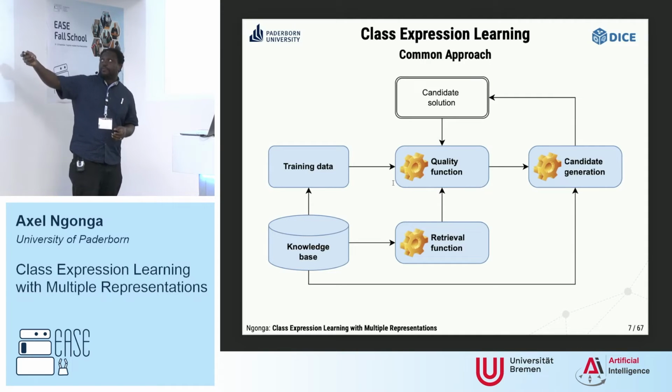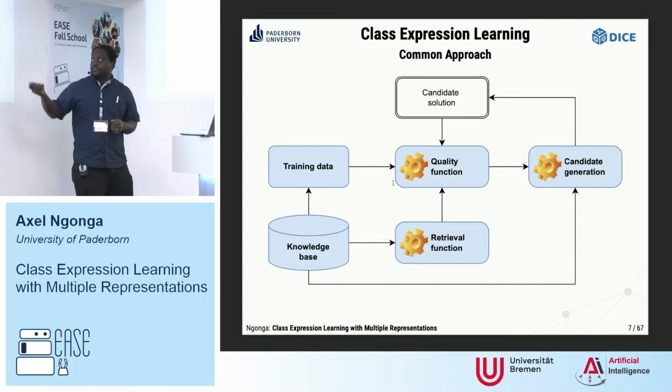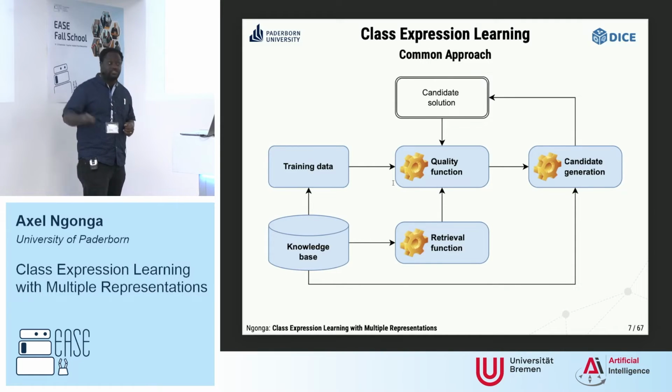The top concept or candidate solution is then combined with the training data via a quality function, and the quality function is really just there to tell us how good this particular solution is with respect to the problem at hand. This quality function depends on a commonly rather costly retrieval function.